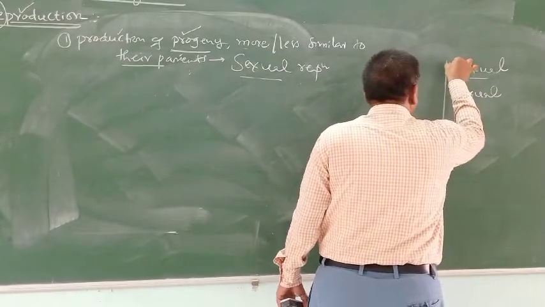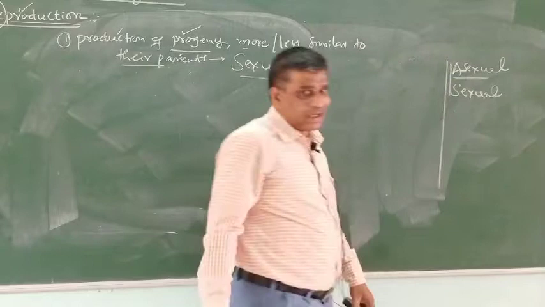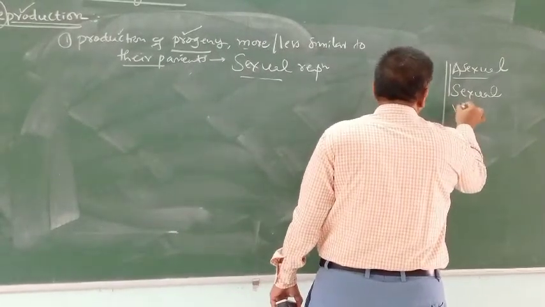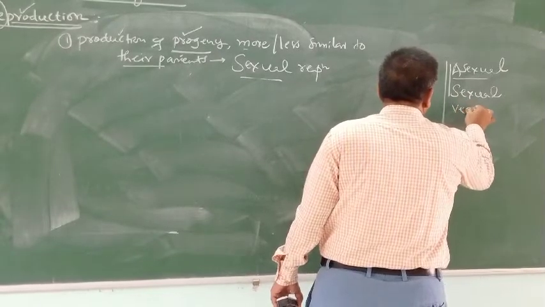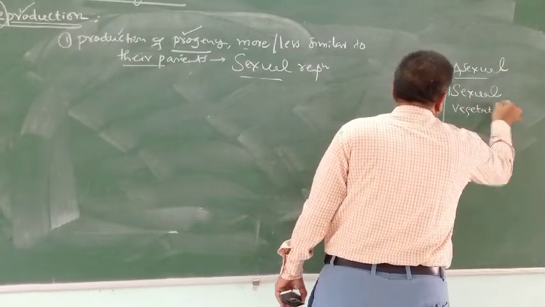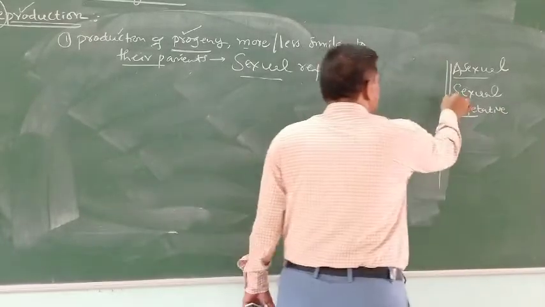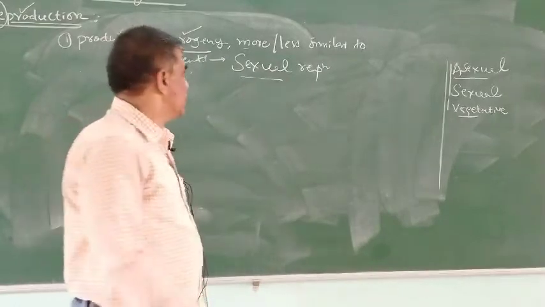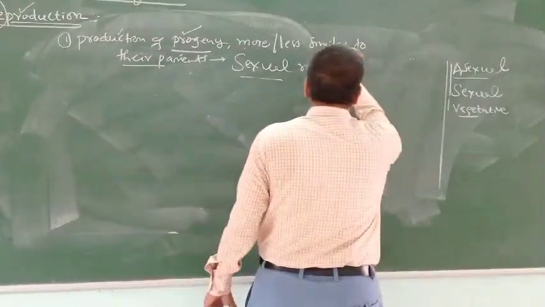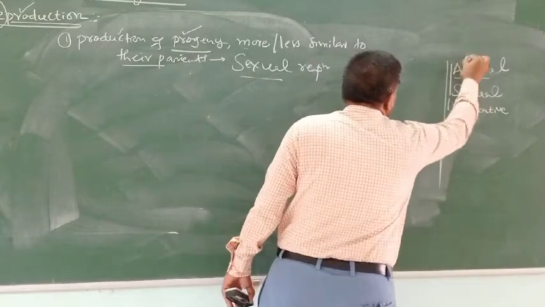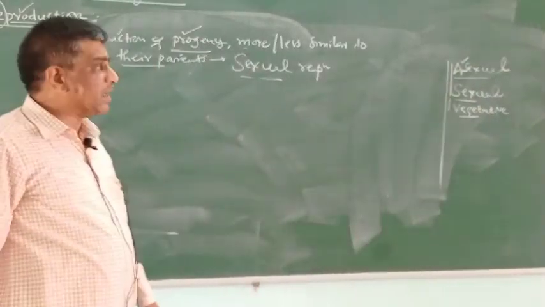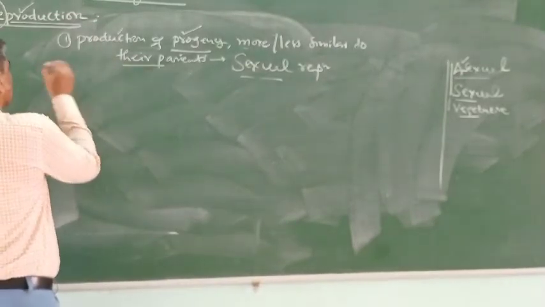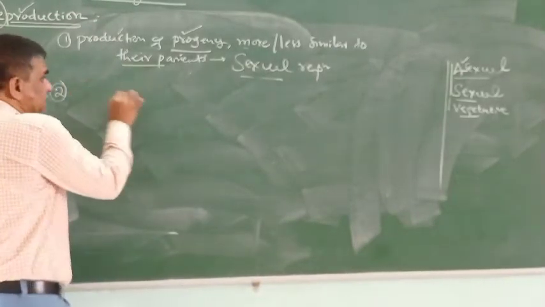These are the major types of reproduction in living organisms. In addition to that, there is vegetative reproduction. We will just go on giving some brief ideas about the different types. Now, what is asexual reproduction?